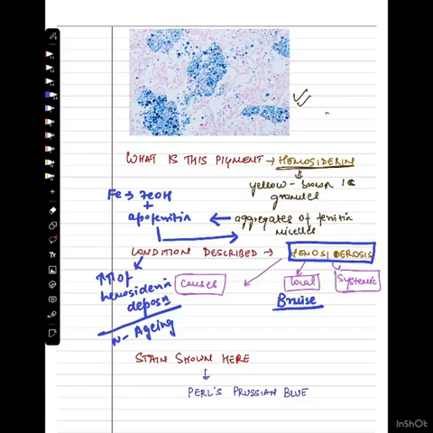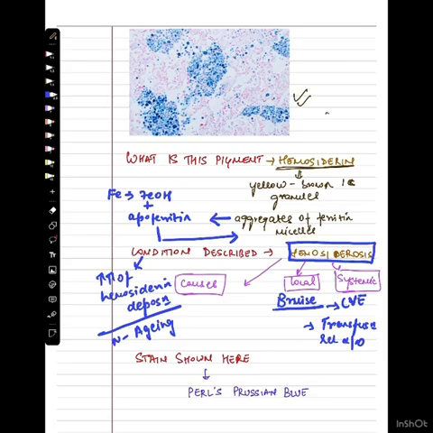Systemic, there is usually iron overload. Pathologically, you can see it in conditions like chronic venous insufficiency, where there will be hemosiderin deposition in the skin, or it can be due to transfusion related diseases. So either chronic venous insufficiency or transfusion related disorders.